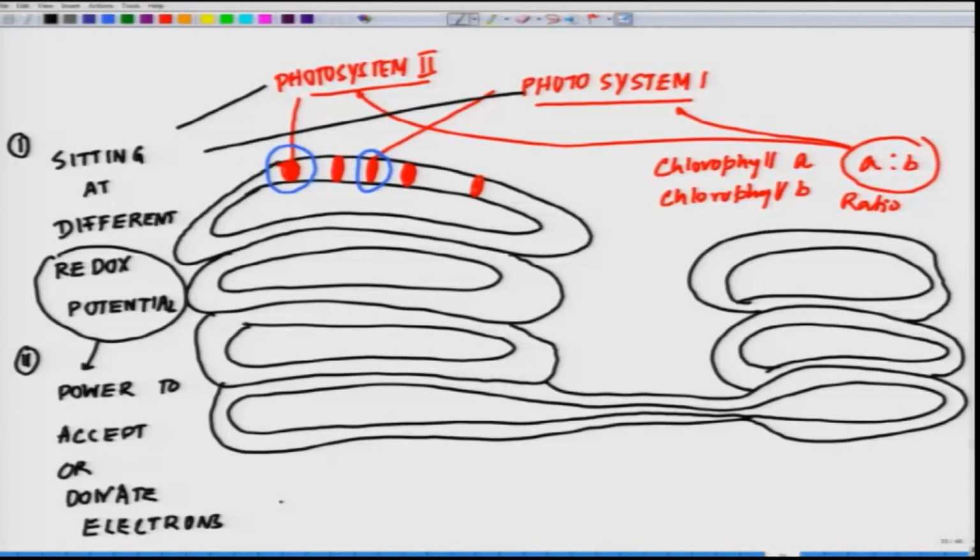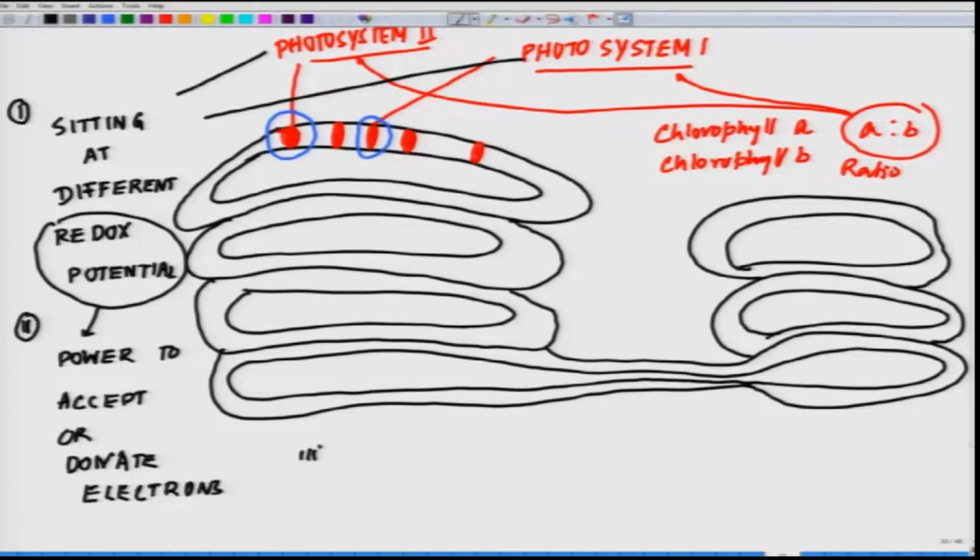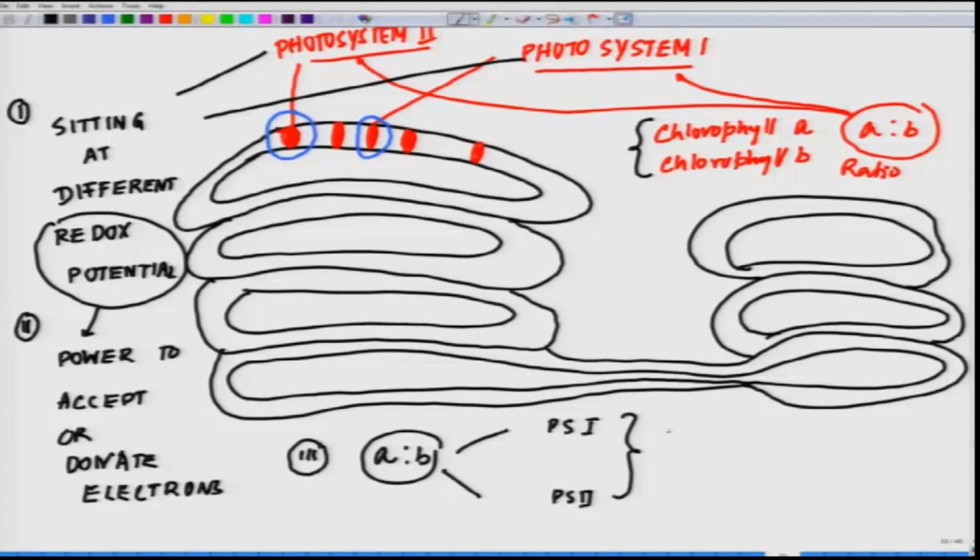And the third aspect I wanted to highlight here is that the proportion of chlorophyll A to B is different for photosystem 1 and photosystem 2.